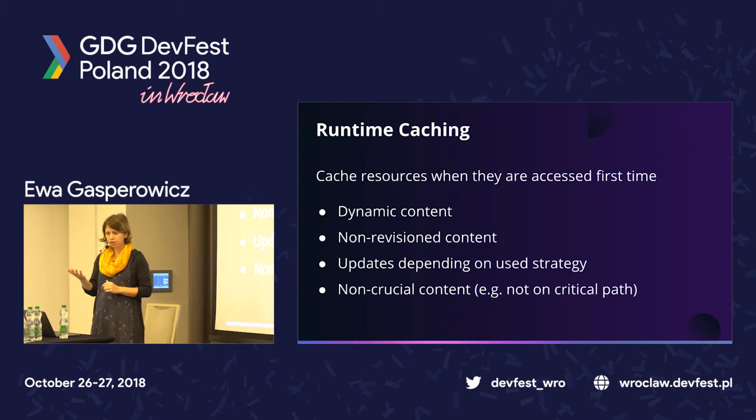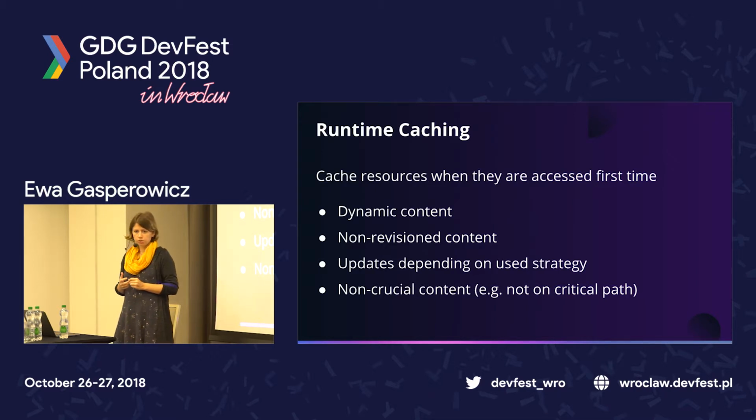Now, runtime caching happens when the user is using your website. So it has this advantage that you can use this information to adapt your caching behavior. For example, you want to cache only the pages that the user already visited, right? You can't do that in pre-caching, because on pre-caching you don't know what the user is going to do in the future.